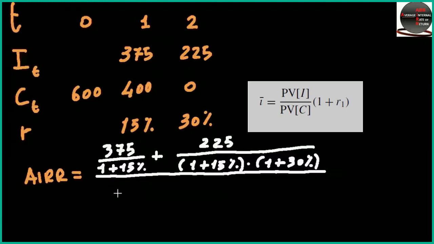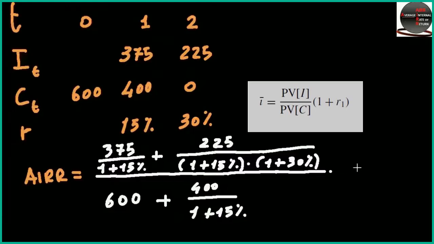As for the capital, we have 600, which is invested at time 0, and we add 400 discounted back by 1 period. The first period cost of capital is 15%. So this is a rate of return in present terms. We want an annual rate of return. We just have to multiply by 1 plus the first period cost of capital, 15%.